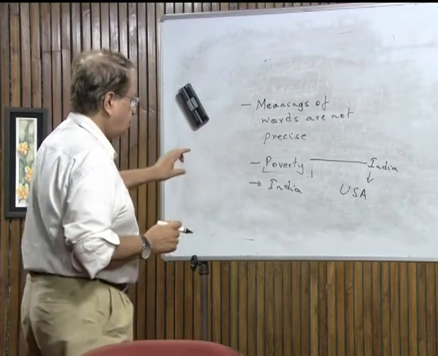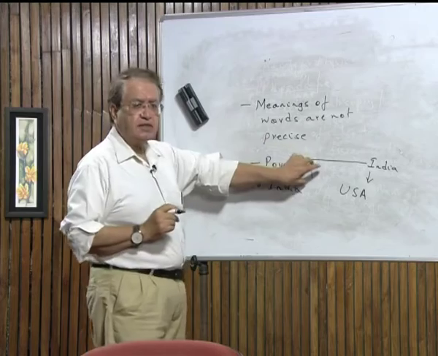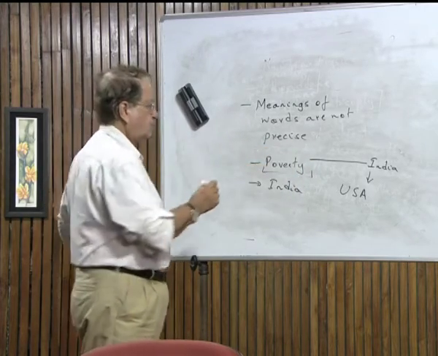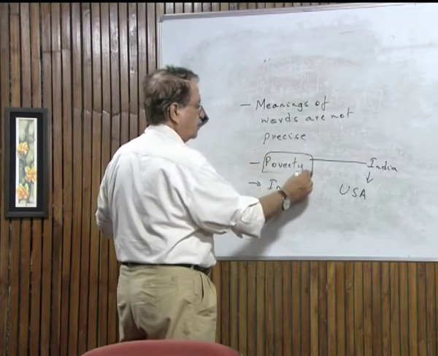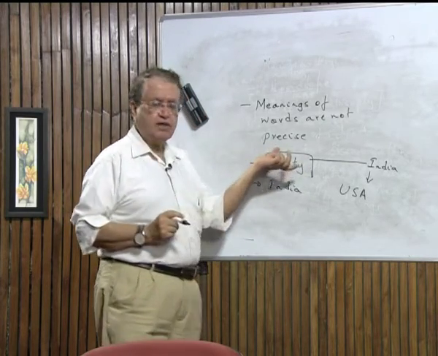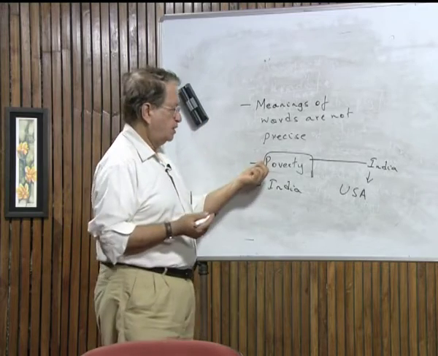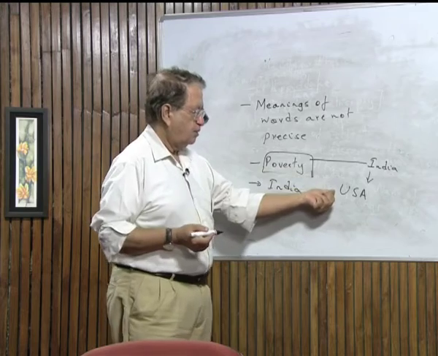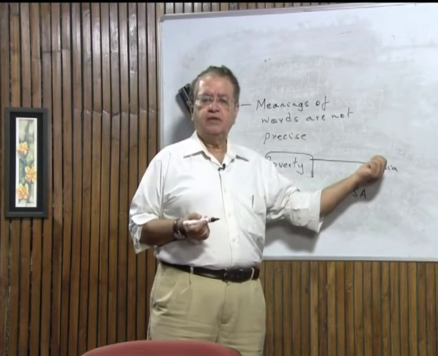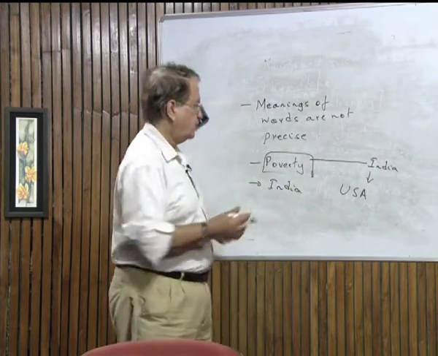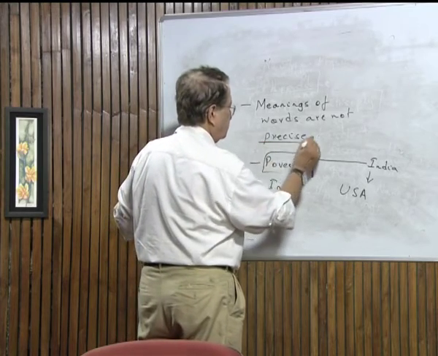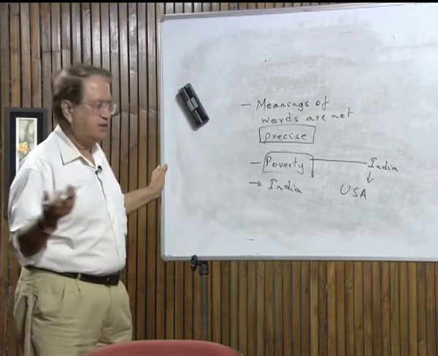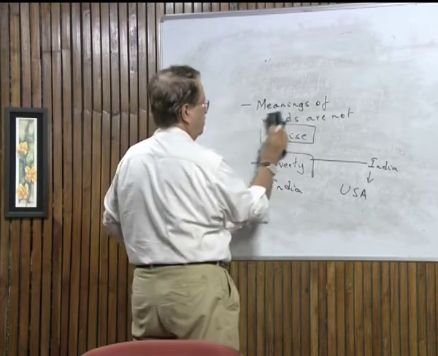So, the term poverty itself does not convey much, except that in that particular area where you are using this term, people are deprived of certain kind of resources. But if you try to quantify it or be more precise, then you would find that those who are considered poor here may not be considered poor there. So, this is a big dichotomy. That is what is meant when we say that meanings of words are not precise. Meanings of words change according to the place where they are being used.